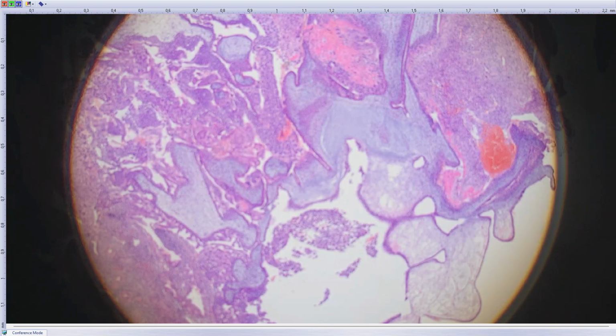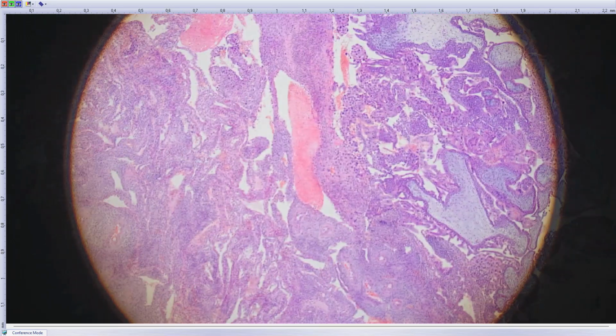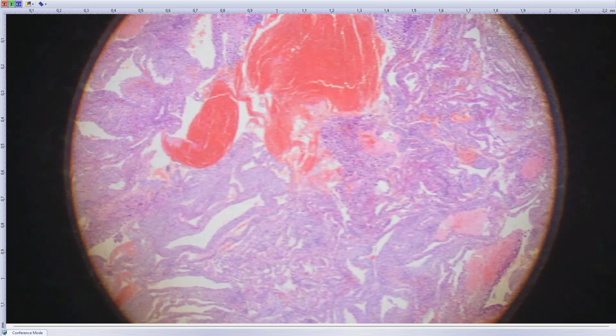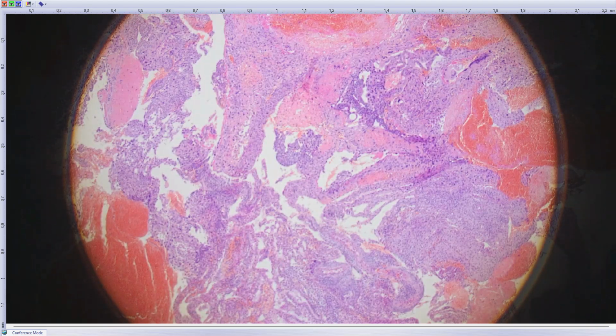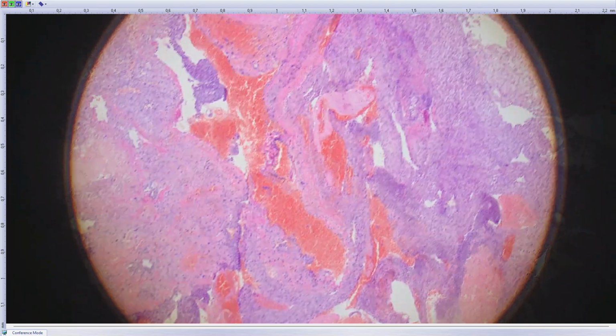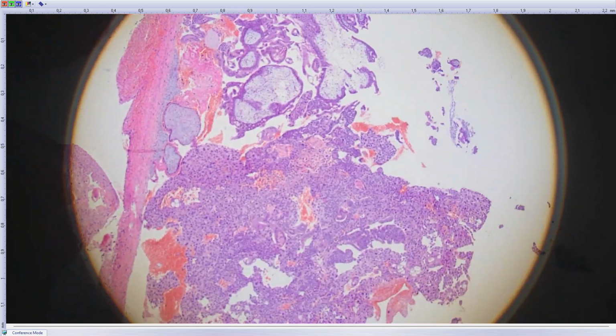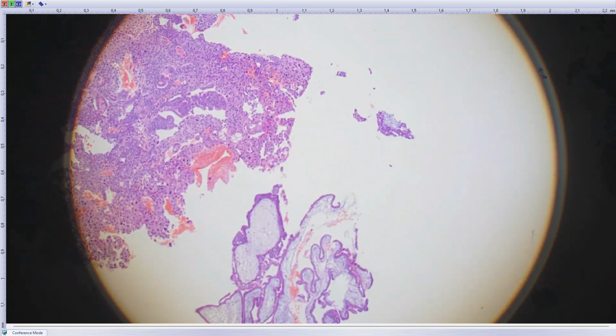Another case is a uterine lesion. A 23-year-old woman with a uterine lesion and with anamnesis of pregnancy, which we can also see in this biopsy even without this anamnesis, because there are chorionic villi, and this proliferation.